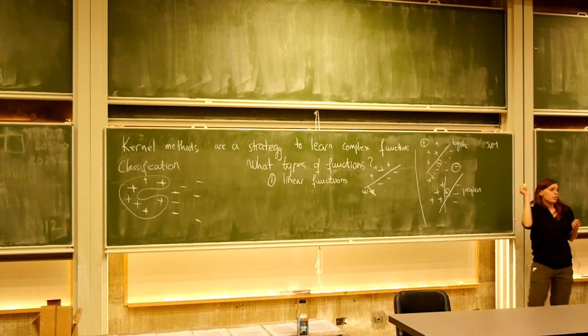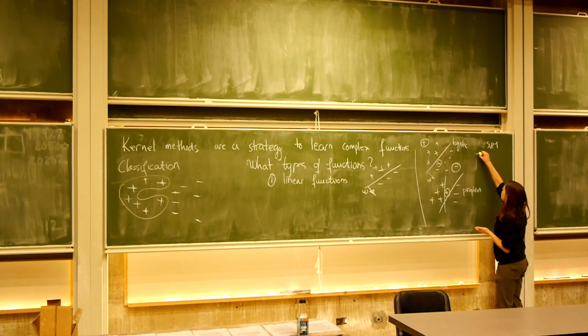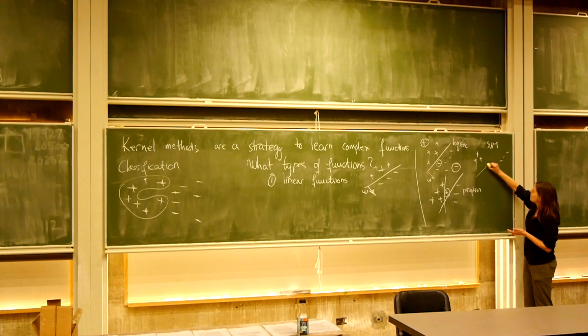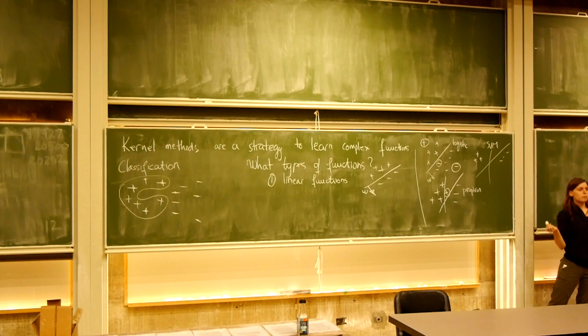So SVMs noticed, they're very similar to the perceptron in some sense, but they noticed that with the perceptron, even if the data set is separable and multiple decision boundaries are possible, not all of them are just as good. So if you have some data points here and some data points here, this is a fine decision boundary, this is a fine decision boundary. Which one's better and why?